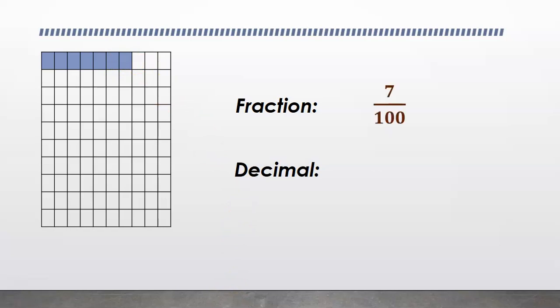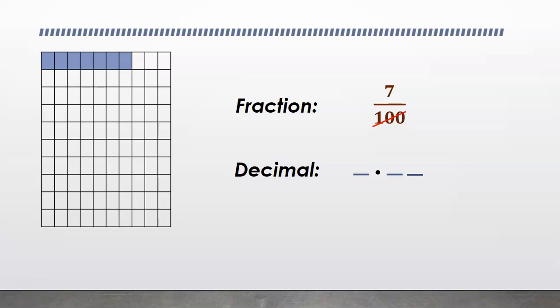This is the fraction. The decimal is, let's go, decimal point and the whole will be 0. How many places here in the decimal part? Let's go to the denominator, 2 places, right? Okay. Then put 7 and start from right to left.